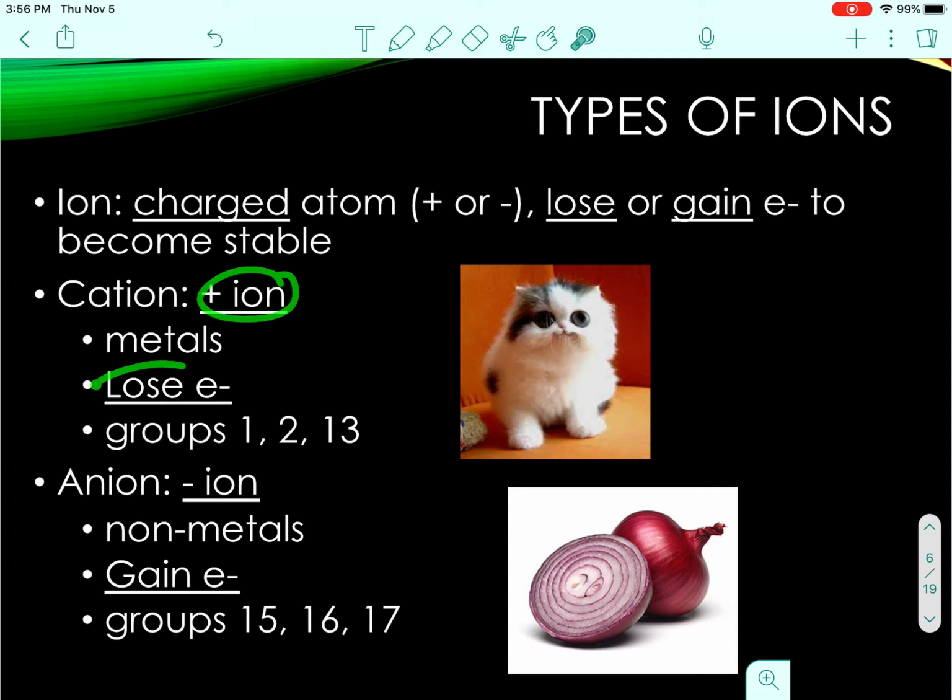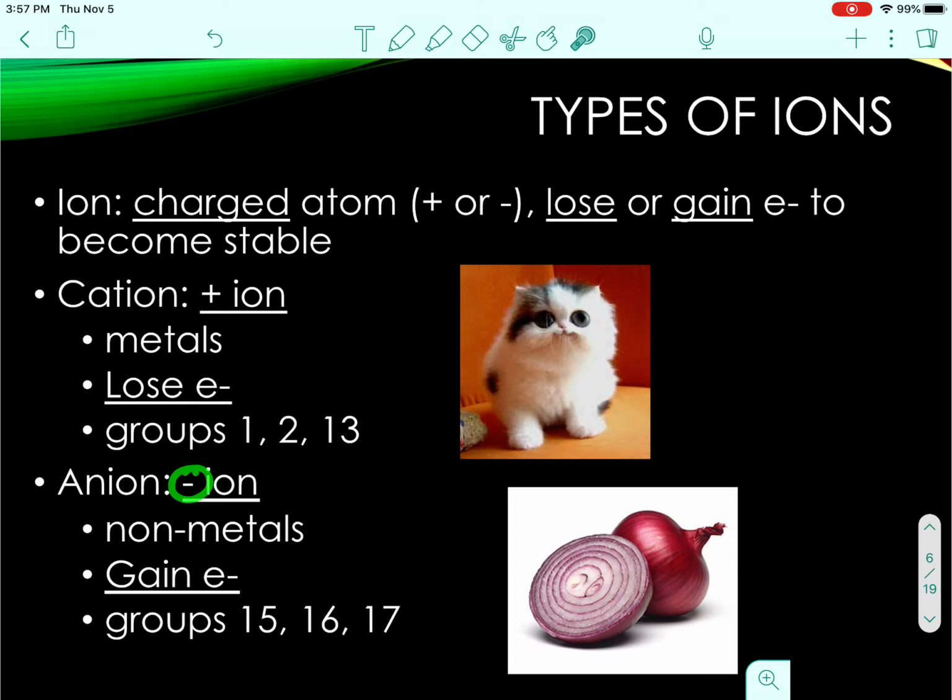Now, if they form a positive ion by losing electrons, that's called a cation. That's why there's a little picture of a cat here. Okay, so cations are positive, and cats have paws. Positive. Okay, those tend to be metals in groups 1, 2, and 13.